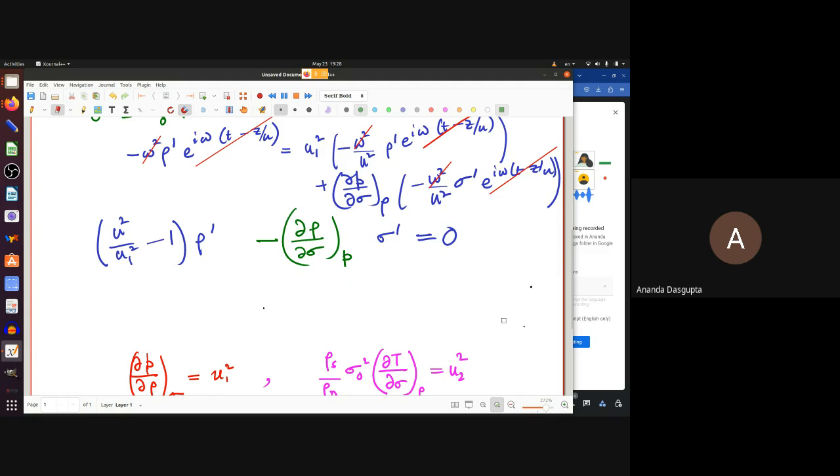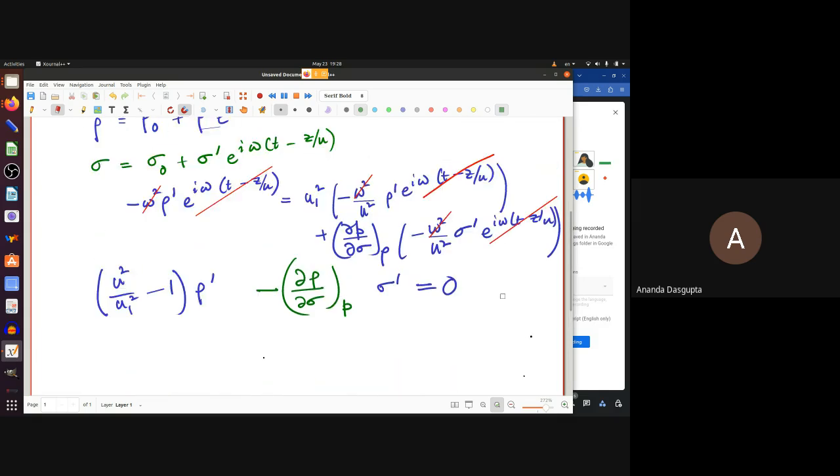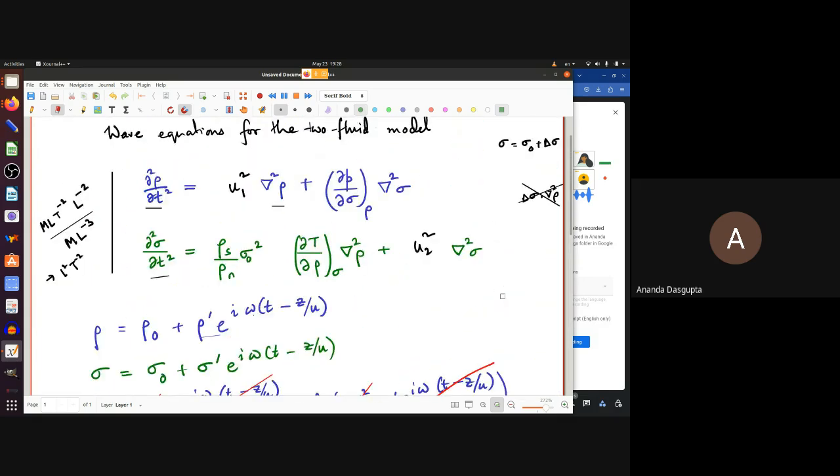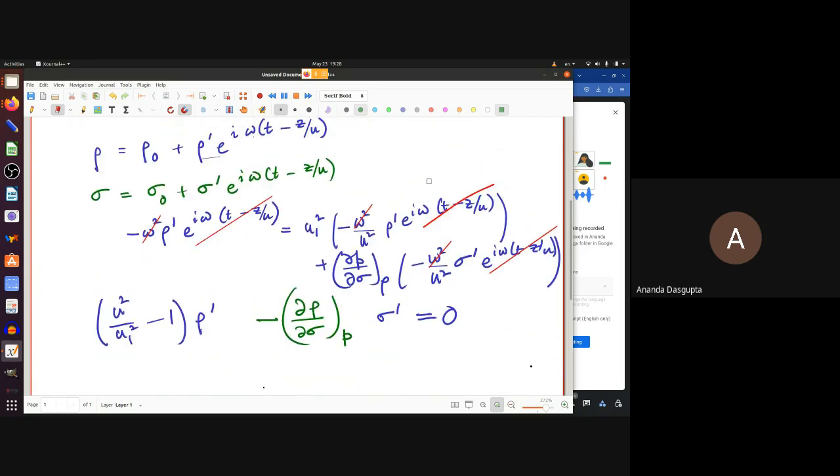That is, I've only stuck this solution, the wave-like solution, into the first equation so far. And I've got this. That the fluctuation amplitudes rho prime and sigma prime cannot be independent of each other. They have to be connected with this through this equation. Okay.